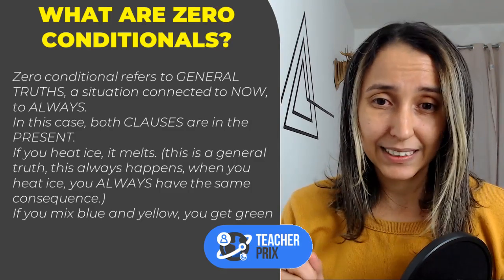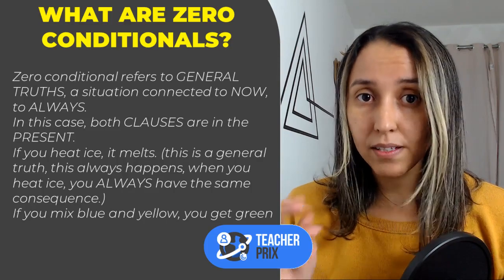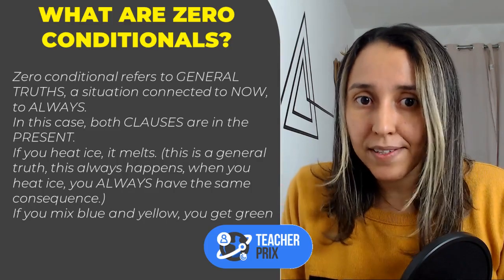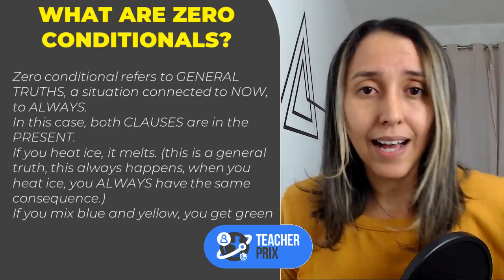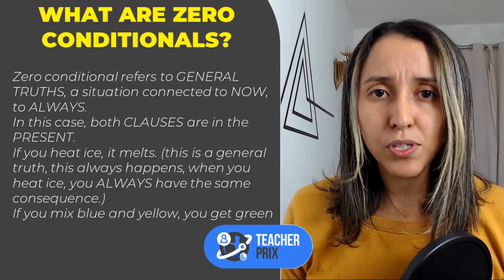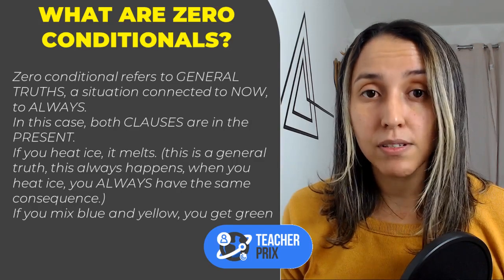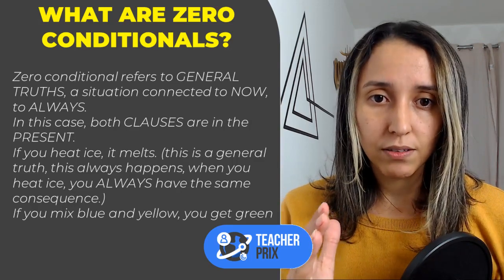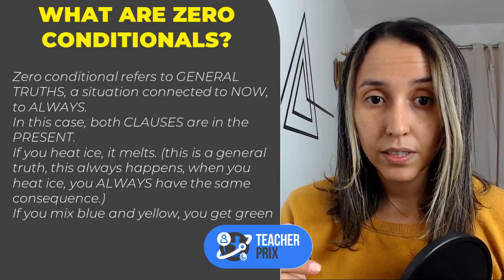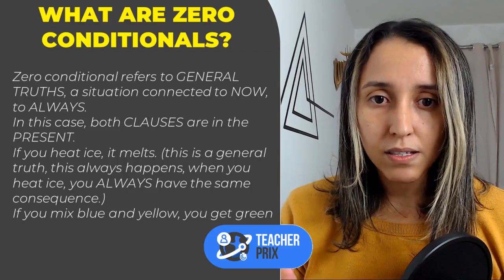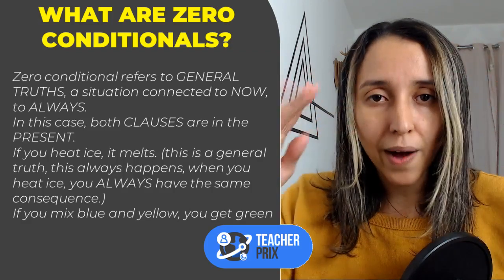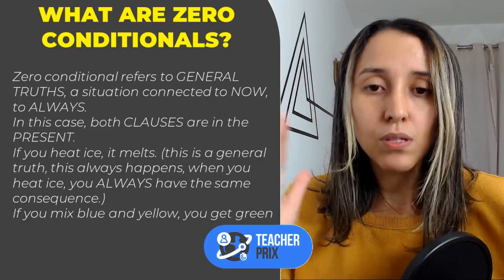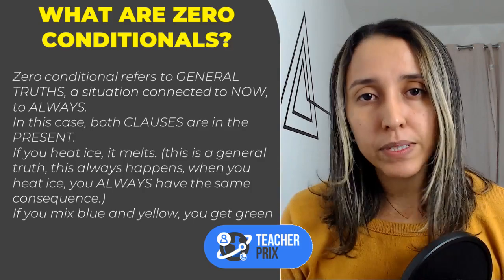If you hit ice, okay, ice is very cold, ice. But if you put fire on ice, what happens to the ice? It melts. So here, what's my condition? Hit the ice. If I do that to the ice, what is the result? It melts. It becomes water. So this always happens.